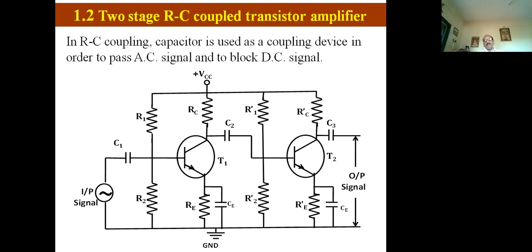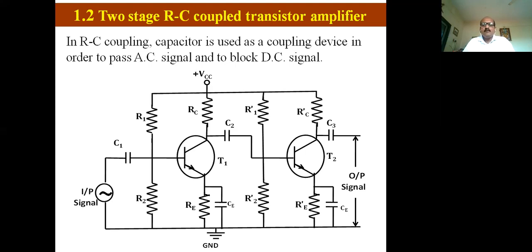When we draw this circuit diagram, we get the 40% or 50% mark. Therefore, what is the RC coupled amplifier? With a neat circuit diagram of the RC coupled amplifier, explain the RC coupled amplifier, with advantages and disadvantages.